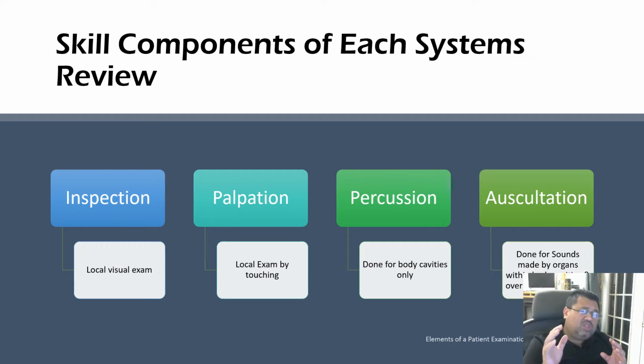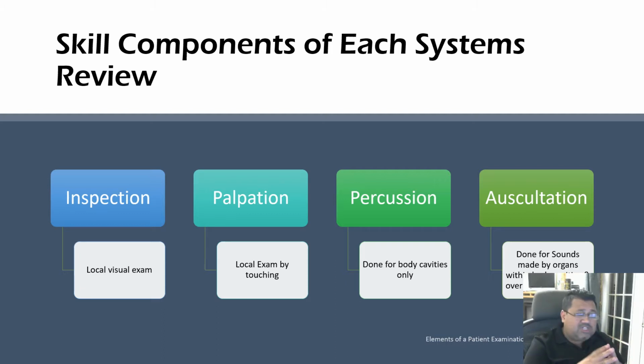So therefore, for every system concerned, we have at least two skills that we must practice. One is visual inspection. So visual inspection is an examination of the local area. This is not general observation, it is visual inspection of the local area. Whereas palpation is the local hands-on examination. This local palpation involves everything from touch to movement, examining for sensation, and so on.